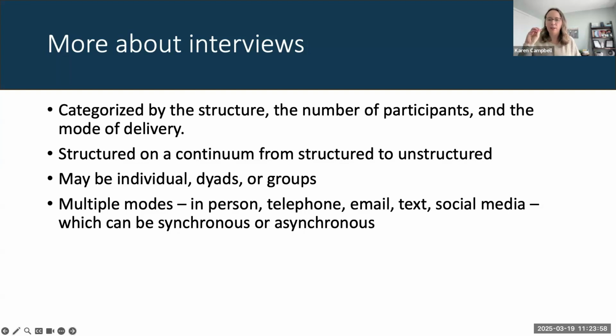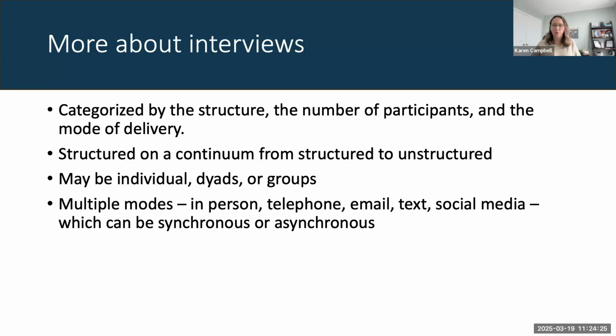And if you're interviewing them together, just be really clear on why you're doing that, because you do have the benefit of seeing how the parents interact together. And so that then becomes data, and make sure you collect that. There's also multiple modes of how you can collect the data. So thinking about whether you want it to be in person, but it can also be over the phone, on video, over text.